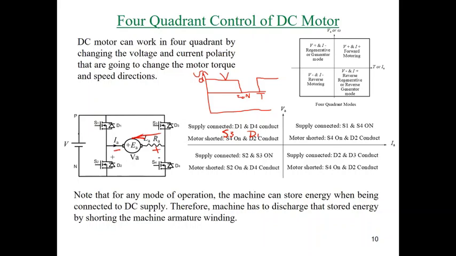In order to make speed control, we need to control the value of V A. How can we control it? By chopping this voltage. How can we chop it? At this instant S2 on, and S2 on here, S3 off.